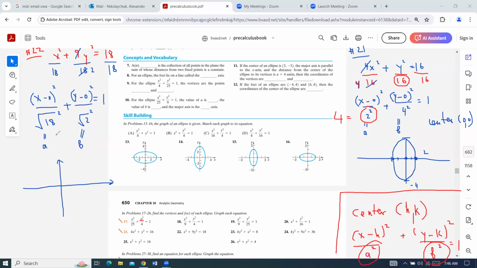We just leave it as a radical, and square root 2 will be going up and down, whatever it is, 1.4 or something. And then square root 18 to the left and to the right. So we have a way to deal with any number whatsoever, and this way we produce our ellipse. And again, the center is at the origin at point 0, 0, which is not always the case.